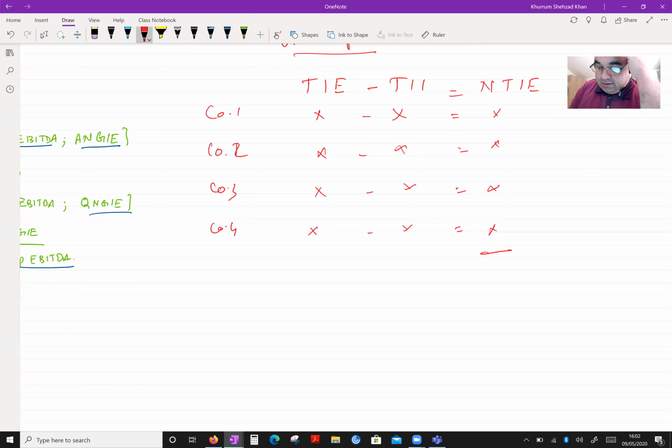If you calculate all of it, that will give you aggregate net tax interest expense. So this is how you will calculate. Now, one argument is that you need to calculate what the actual interest expenses and actual interest incomes are.